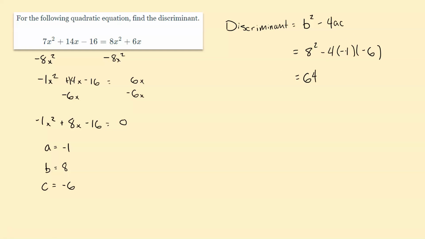So negative 4 times negative 1 is positive 4. And then positive 4 times negative 6 is negative 24. So 64 minus 24 is 40. So that's our discriminant. And 40 is not a perfect square. So this would be real, irrational, and unequal.